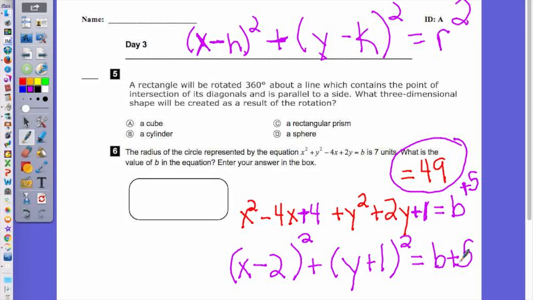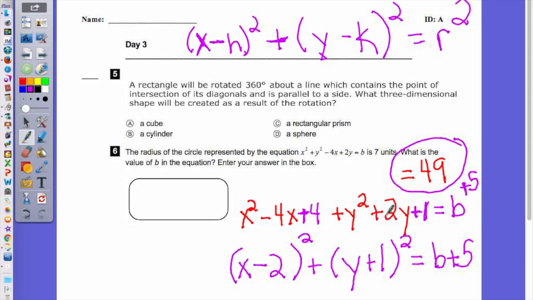You took half of the b term. The b term is the number in front of the single variable. So what's half of negative 4? And what's negative 2 squared? That's where I got the 4 from.